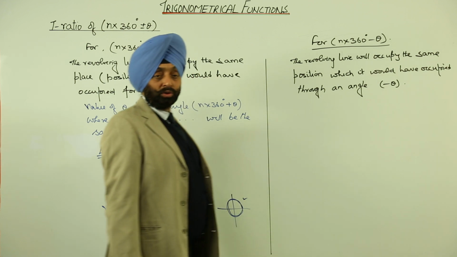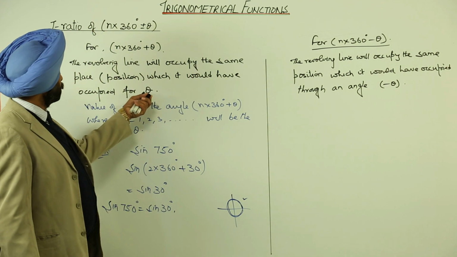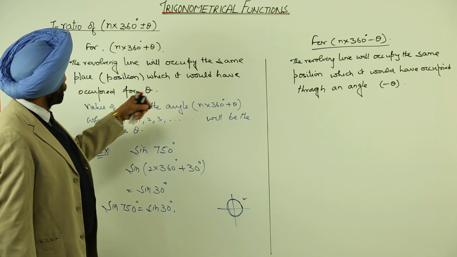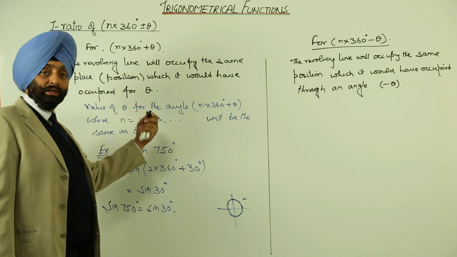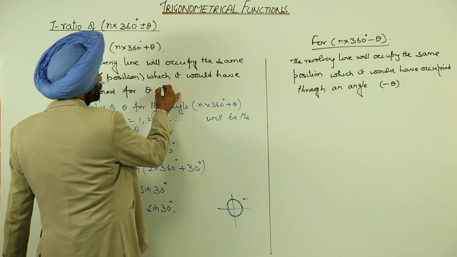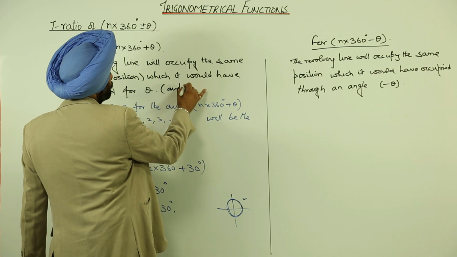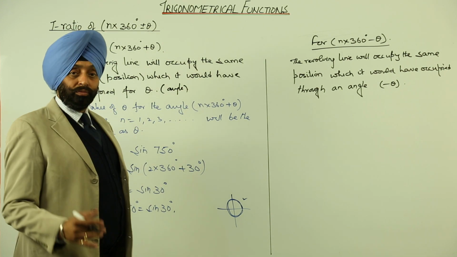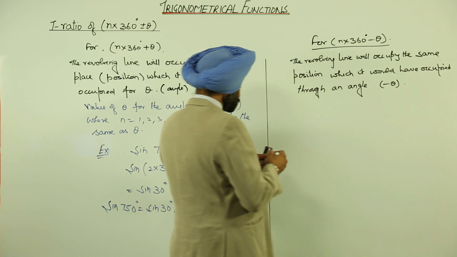Here it will be for the negative of theta, whereas before it was for positive theta, okay. You can write, where theta is the angle, and the same I have written there, through an angle of negative of theta, okay.